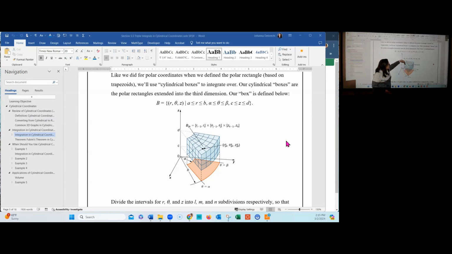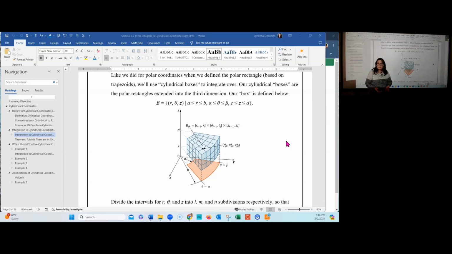Then we're going to take the radial lines from theta equals alpha and theta equals beta, and divide that into more radial lines. Finally, we take slices parallel to the xy plane, and we slice it between z equals c and z equals d. This gives us a bunch of sub-boxes or sub-cylindrical boxes.